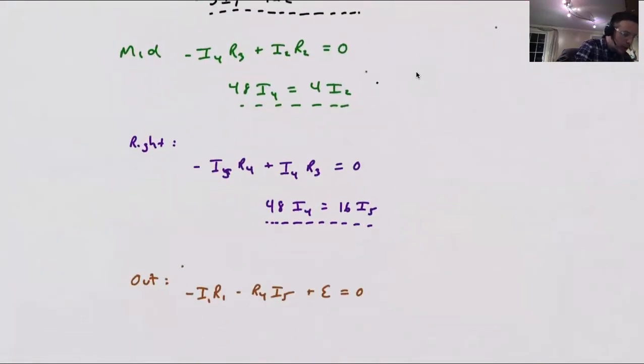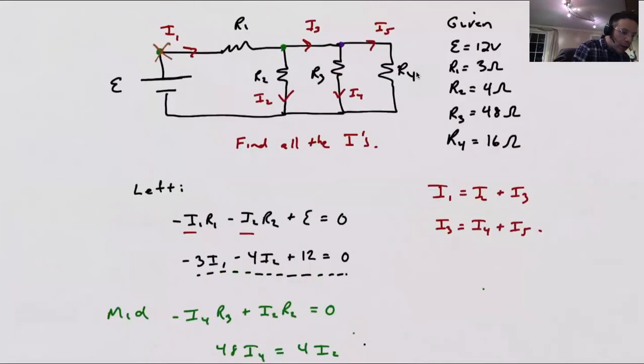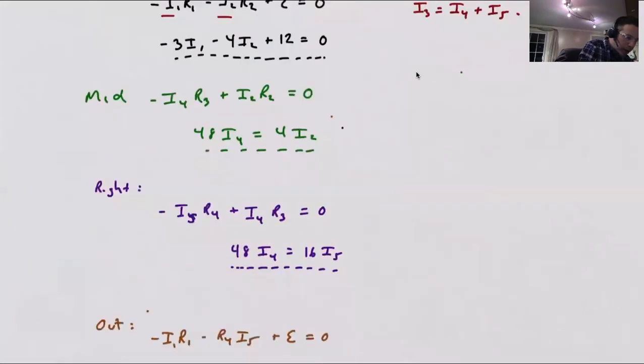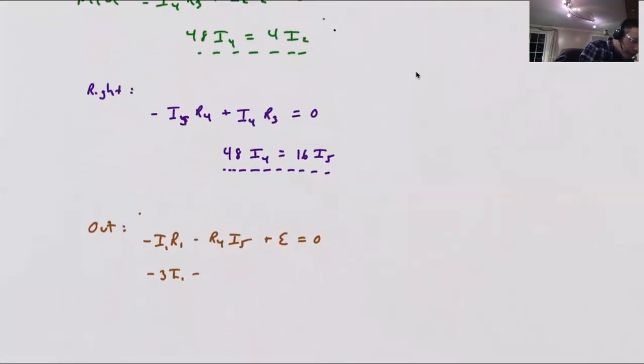Plugging those values back in, R1 is 3 and the battery is 12, so this is minus 3 I1 minus, I believe, sorry, 16 I5 plus 12 is equal to 0.